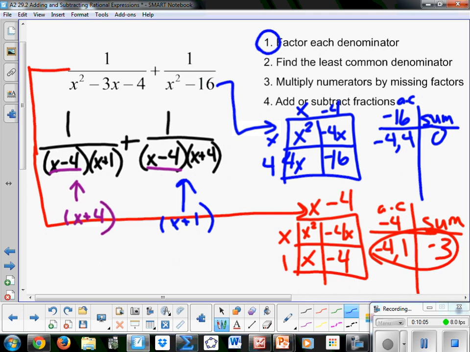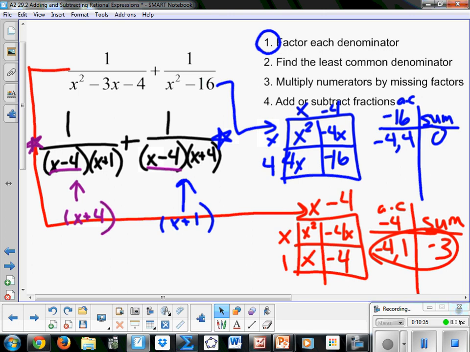Okay, well that means that we need to multiply both numerator and denominator of this side by x plus 1 over x plus 1, and this side by x plus 4 over x plus 4. Sorry, I flipped that. Rewind. Okay. So since that's what we're missing, we're multiplying this side by x plus 1 over x plus 1, and this one by x plus 4 over x plus 4.